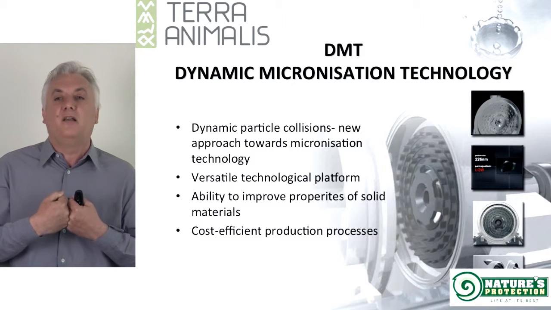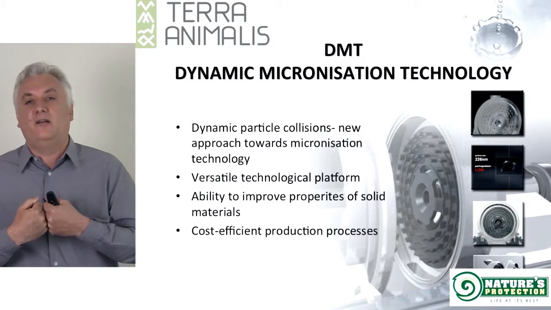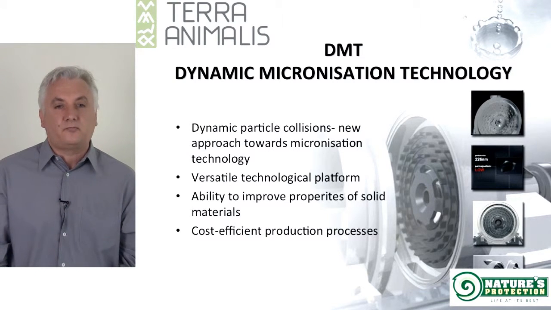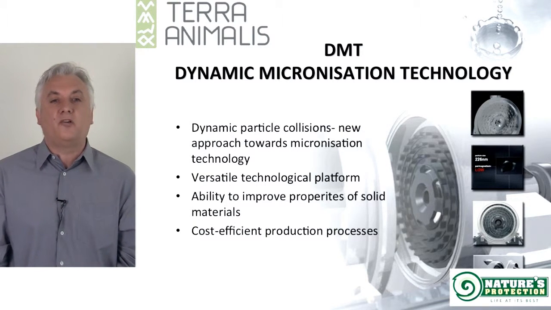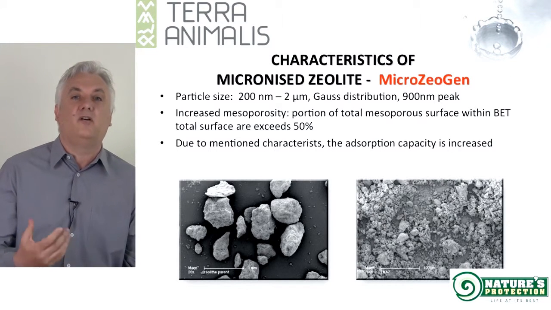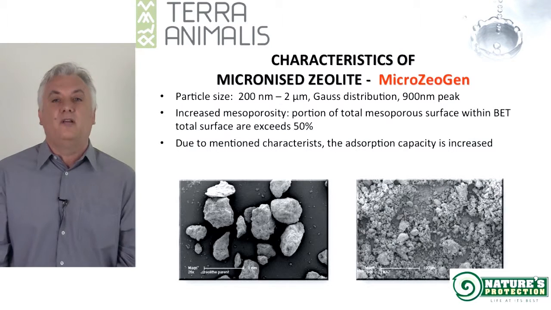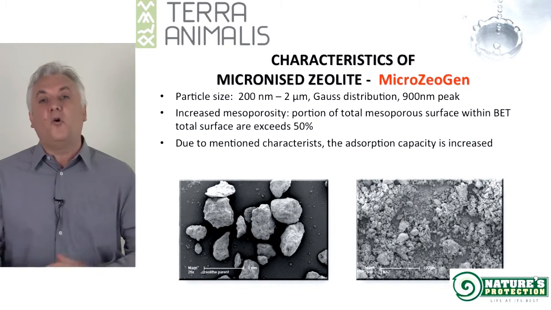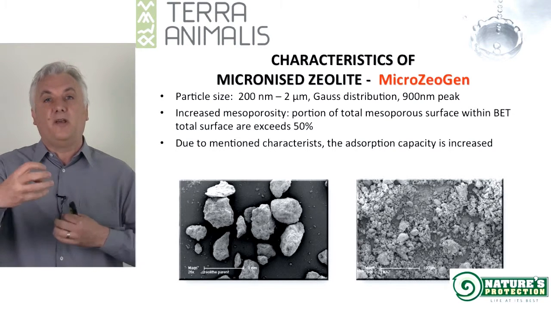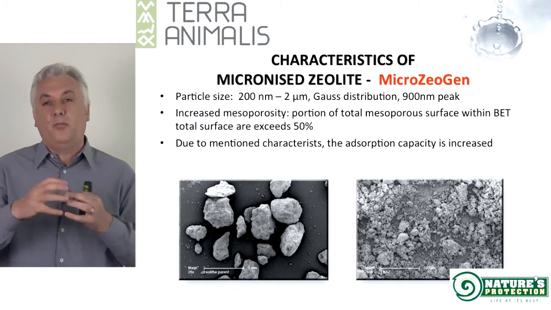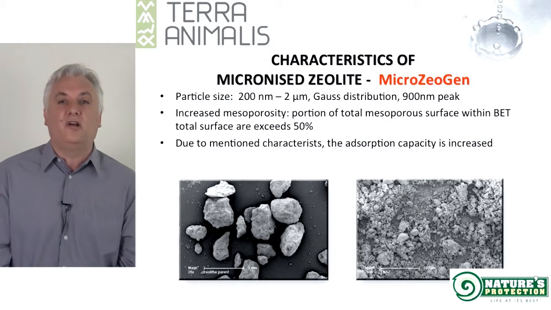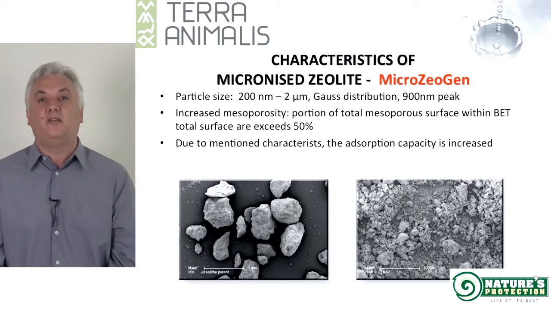It is somewhat like a fusion reaction. So it is a cost-effective production process and also increases the benefits of the zeolites. Because we have small particles, we have increased mesoporosity, so we have more of these pores, better cages, and also a larger absorption capacity.